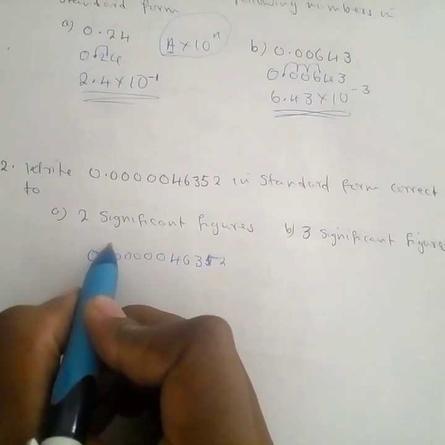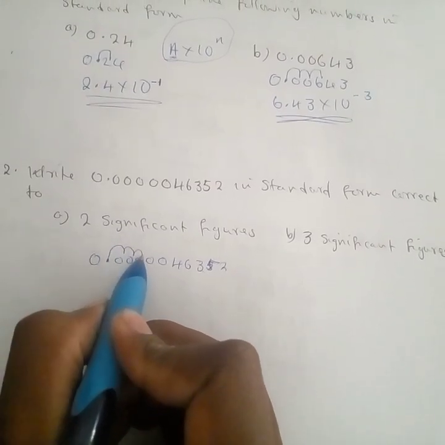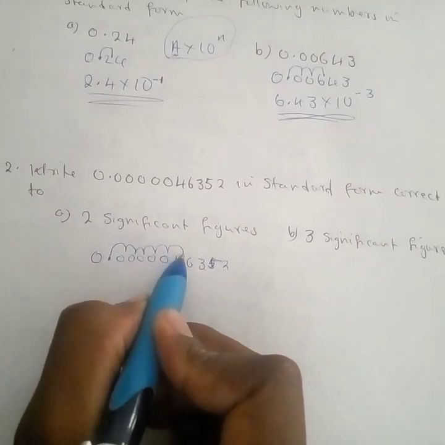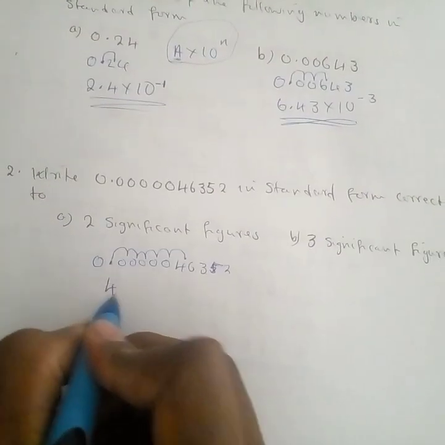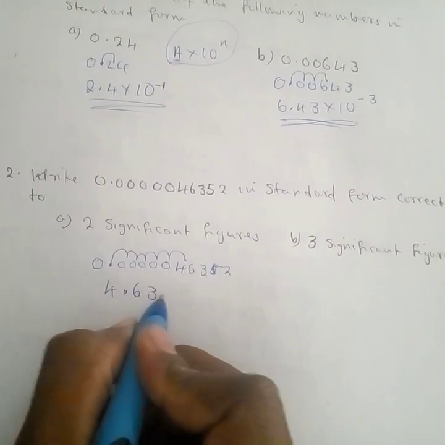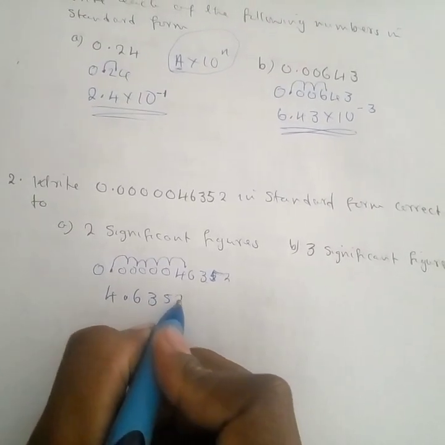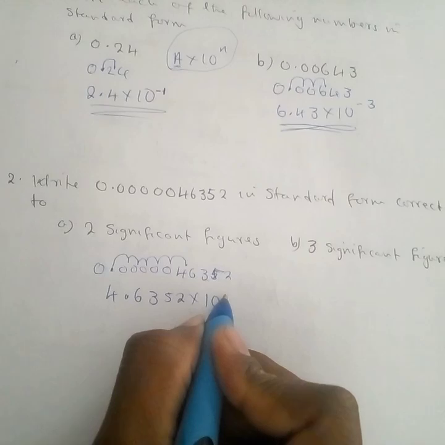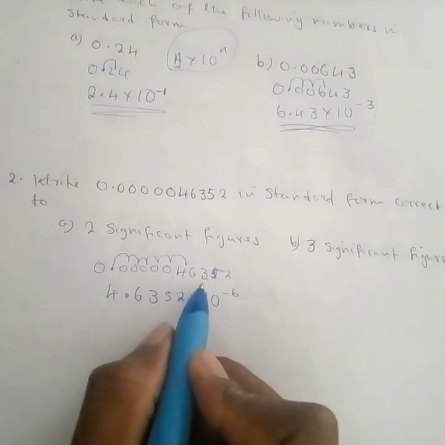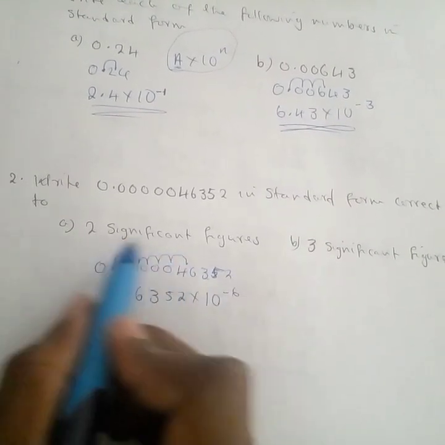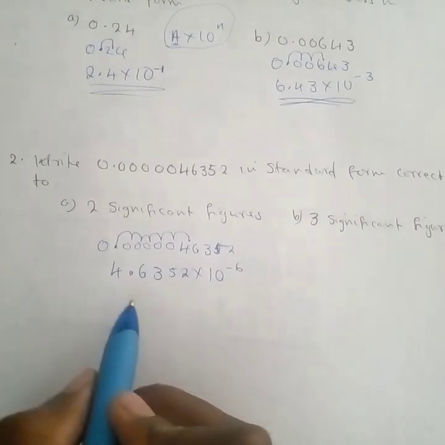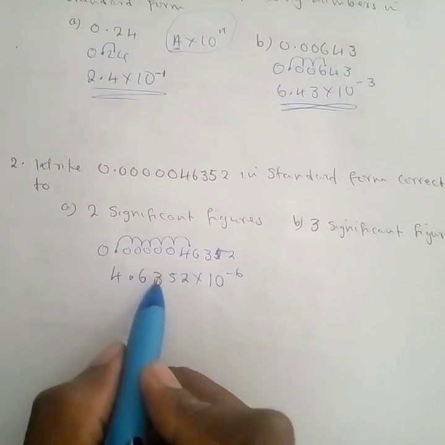So let's move the decimal point. 1, 2, 3, 4, 5, 6 there. So it will be 4.6352 times 10 to power negative 6, because I've moved 6 times. But how many significant figures did they say? 2. So we're going to count. How many significant figures are here? 1, 2, 3, 4, 5.